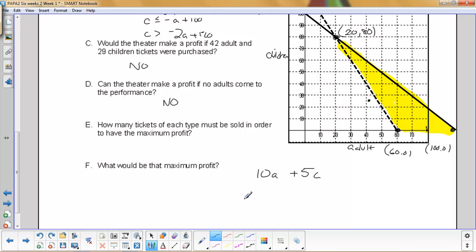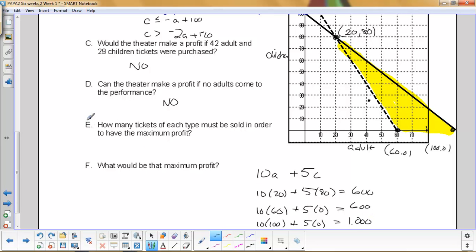Right? Plugging that into the equation 3 times, you get 10 times 20 plus 5 times 80 for a total of $600. 10 times 60 plus 5 times 0, again for $600. 10 times 100 plus 5 times 0 for $1,000.